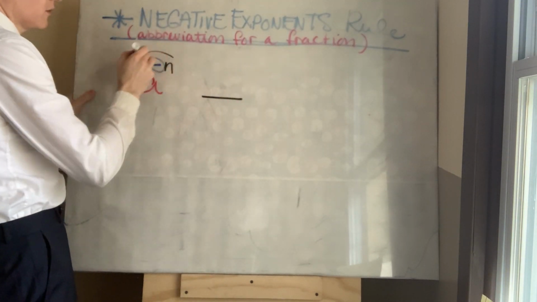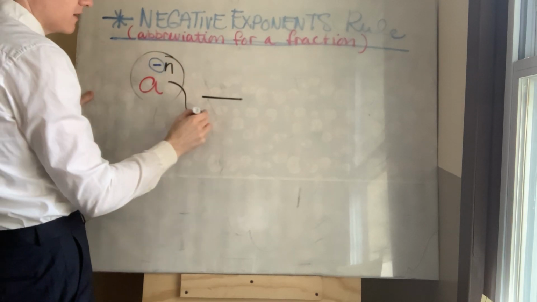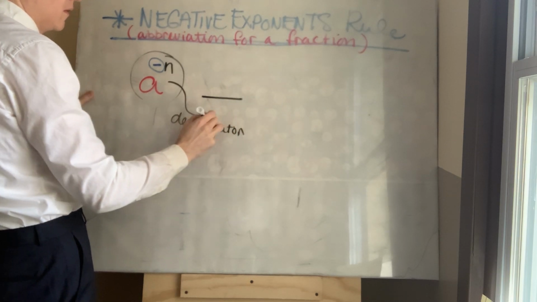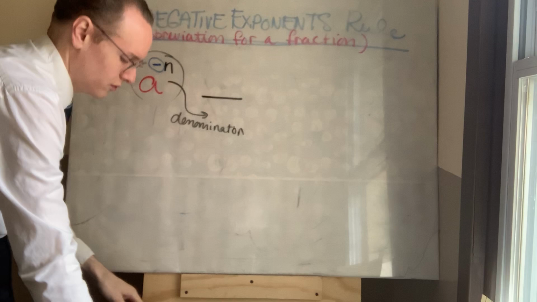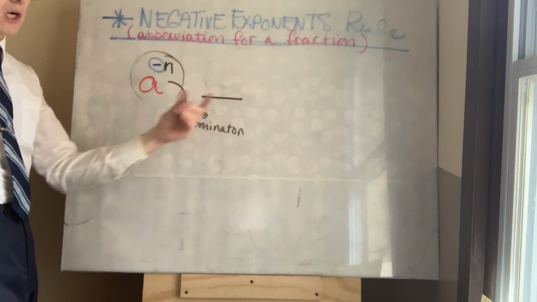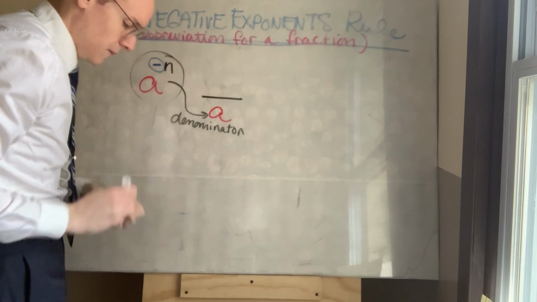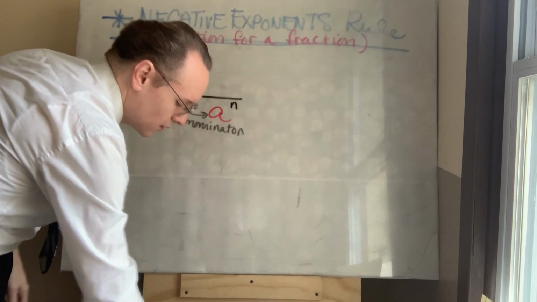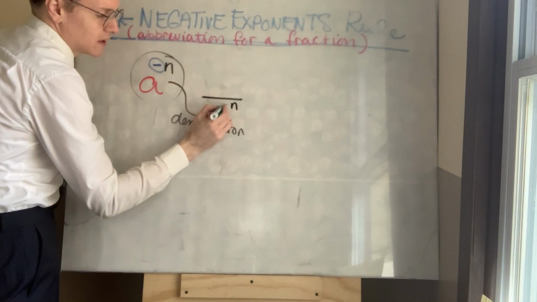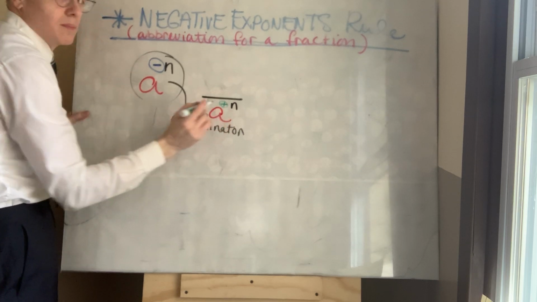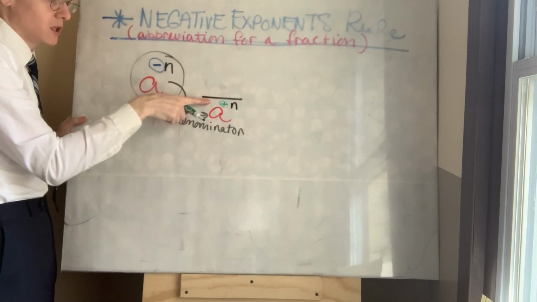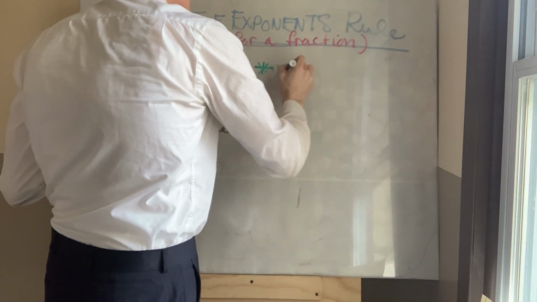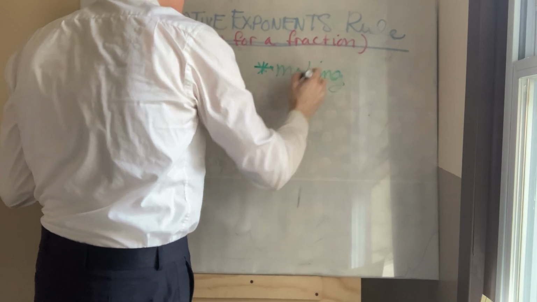Basically, you would take whatever quantity you see and make it a denominator. So this A would move down below a line here, and you'd have the same exponent. But once you do that, and it would be optional to write this, this becomes a positive in this location. Think of it as basically making an adjustment.